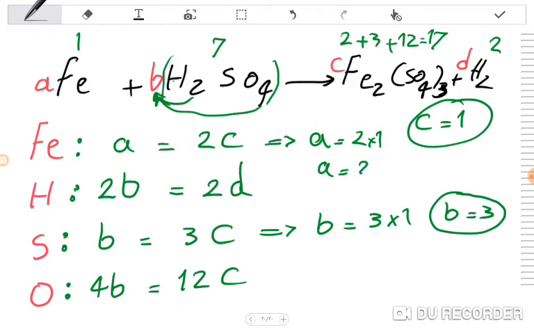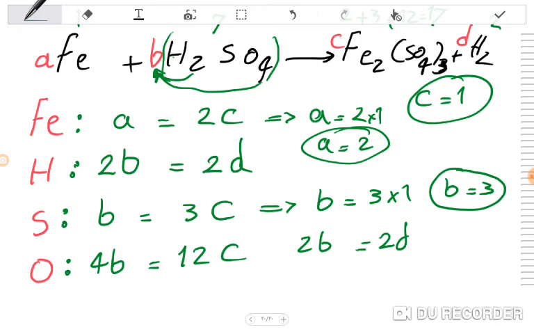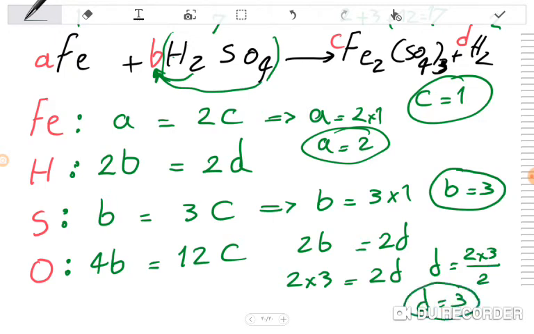A is equal to 2, B is equal to 3, C is equal to 1. And D from here: 2B equal to 2D, so D is equal to 2 times 3 over 2. D is equal to 3. Okay, the equation is balanced, no problem.